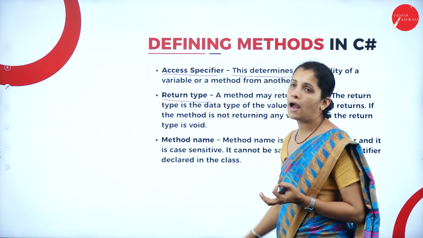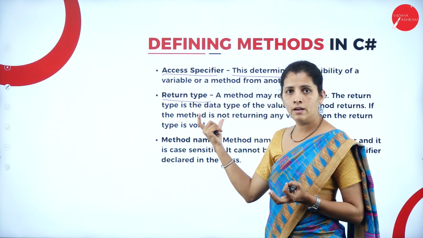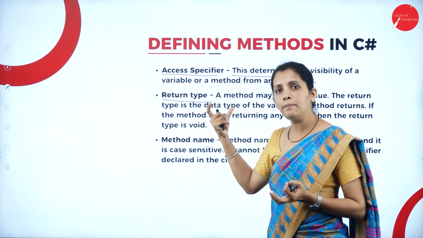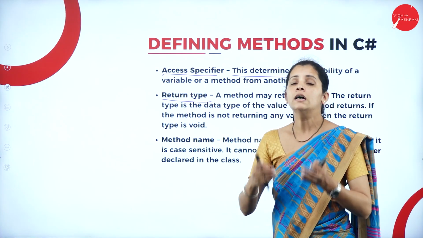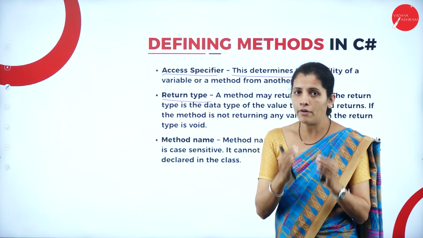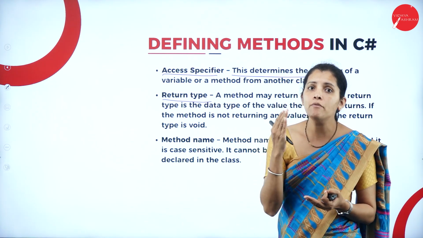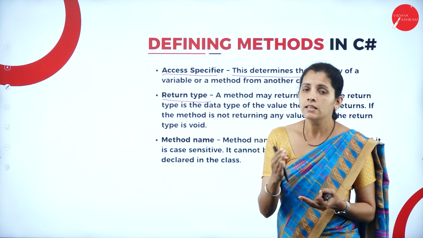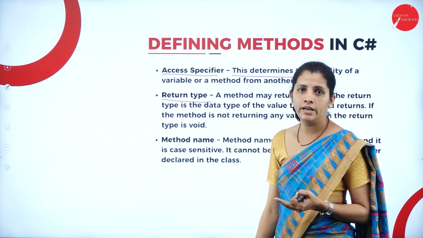Then I'm going to have the return type. So what is this return type? After executing, the method is responsible for returning some value. If the function or method returns any value, then that must be specified in the field of return type.